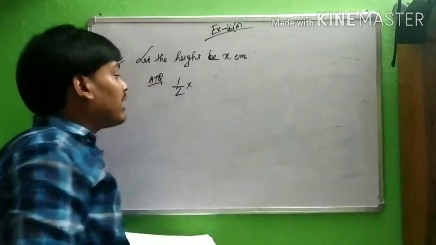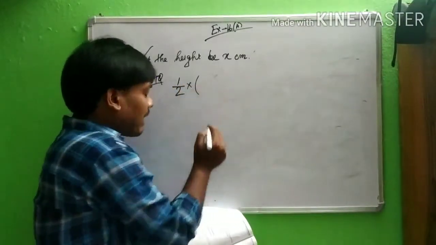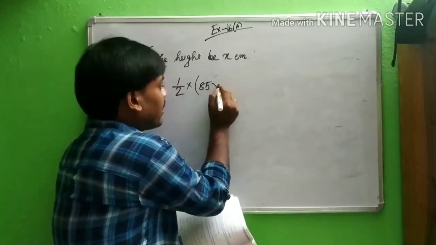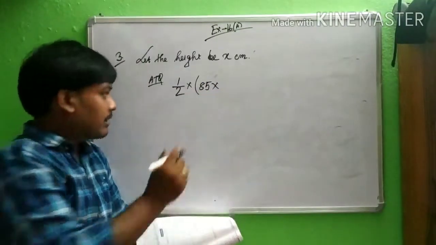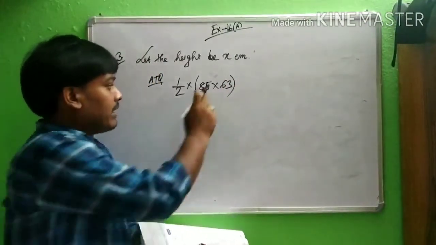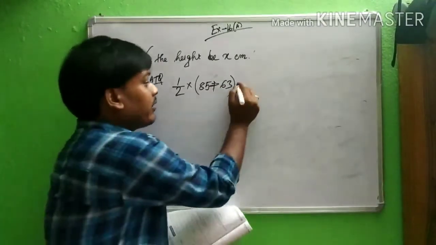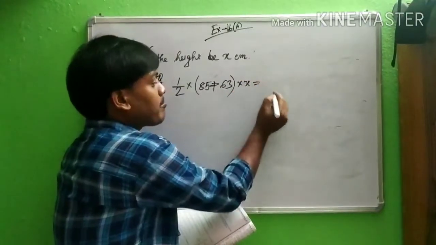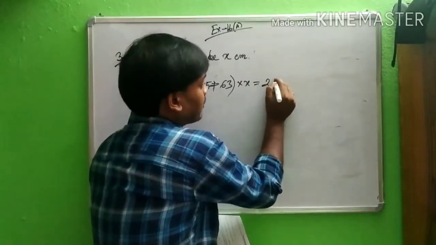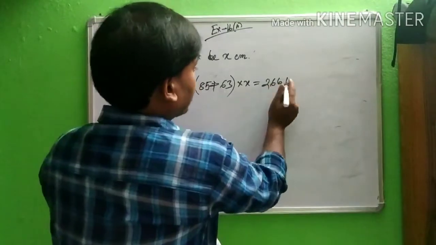So by the formula, area of the trapezium is half into sum of parallel sides, that means 85 plus 63, into x equal to 2664.